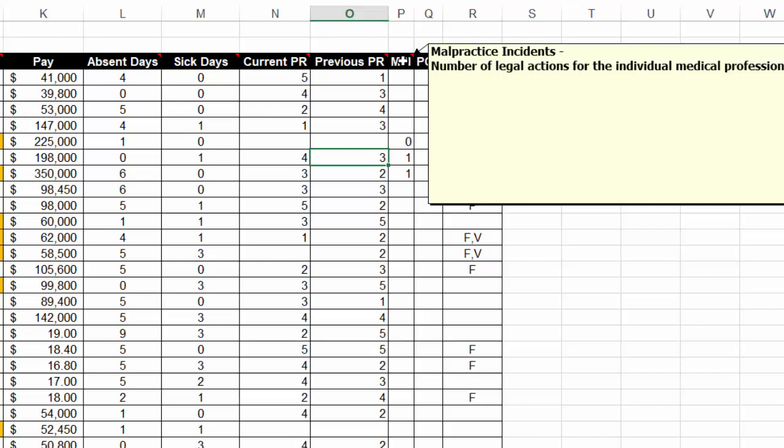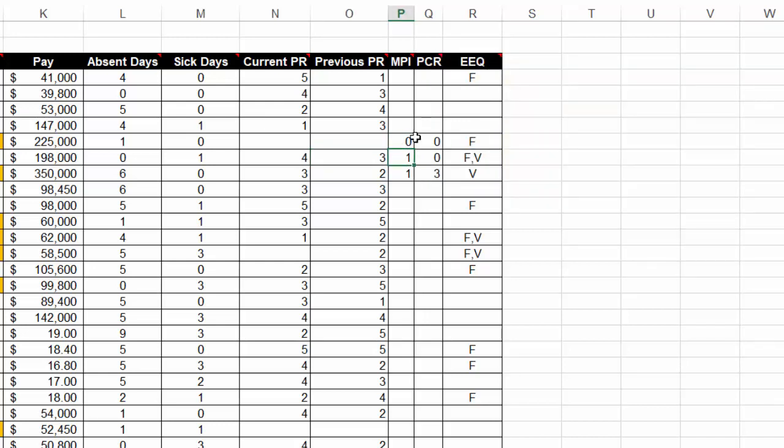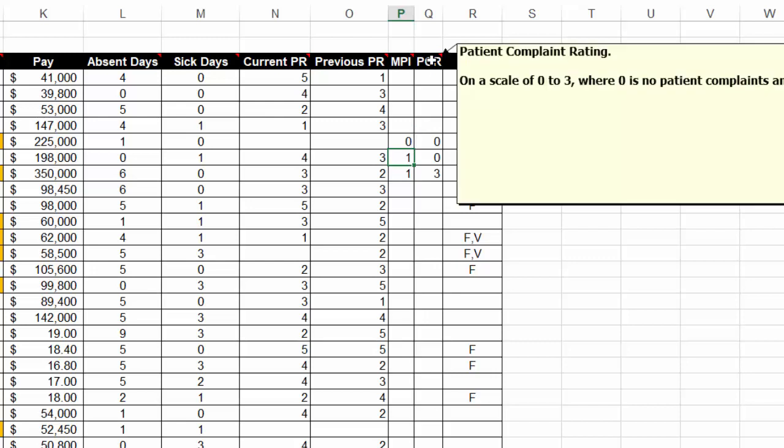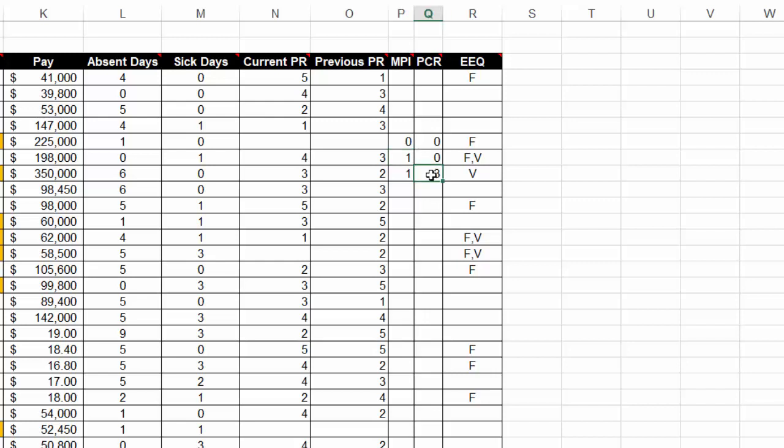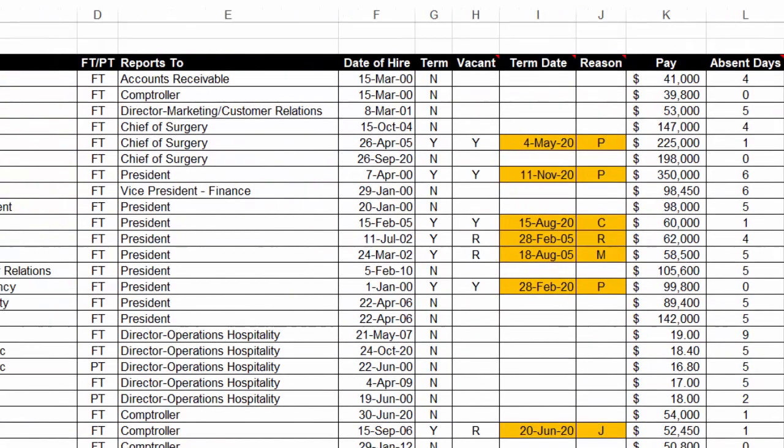MPI is a malpractice incidence, and that would, of course, be for medical professionals, and also the patient complaint rating. So on a scale of 0 to 3, 3 would be a high number of patient complaints. So if you think about it, we can match up these performance measures against the people that we've hired to see how effective they were.